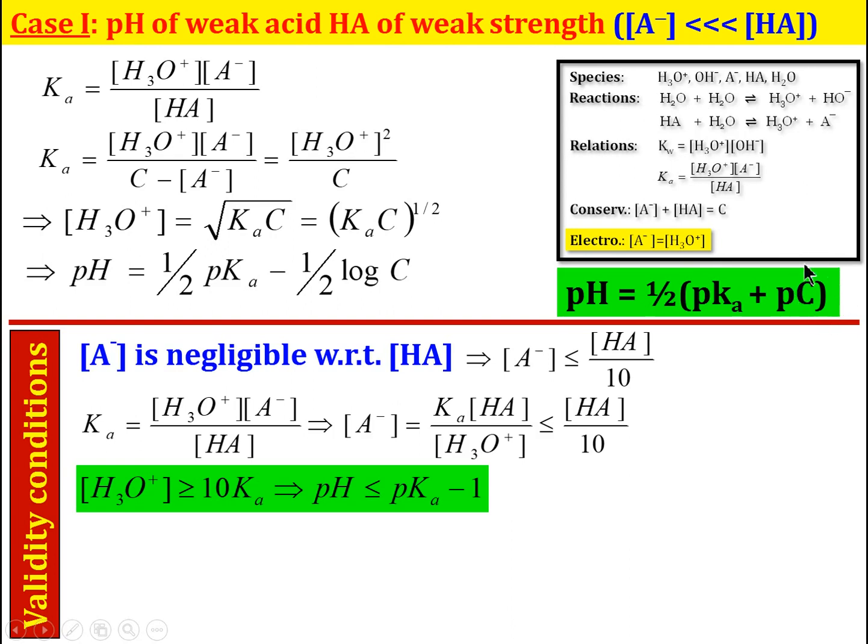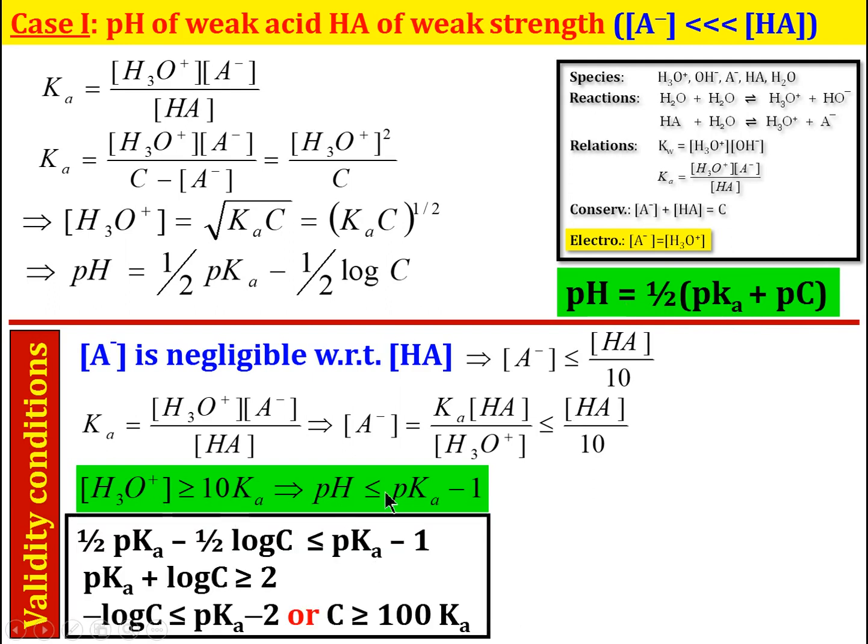Now, what is the interval of concentration for this relation to be valid? pH is less than or equal to pKa minus 1. That means half pKa minus half log C is less than or equal to pKa minus 1.